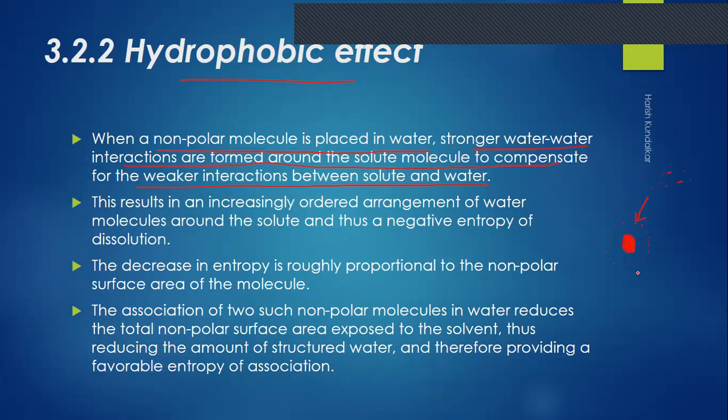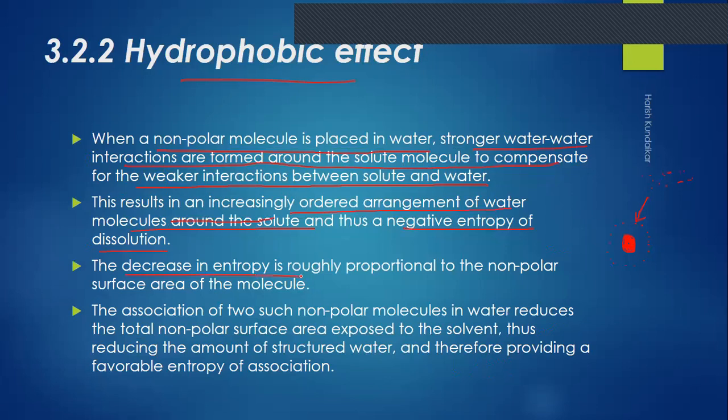Entropy, in other words, is the disorderliness of the system, right? So the disordered water molecules are now ordered. That means there is a loss in entropy. So this results in an increasingly ordered arrangement of water molecules around the solute and thus a negative entropy of dissolution.